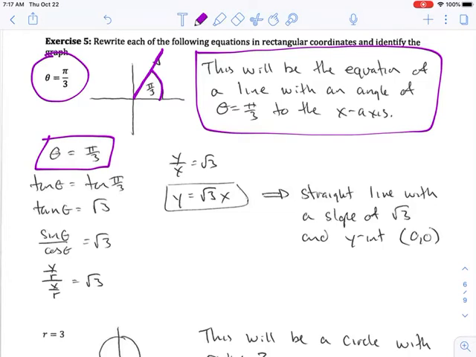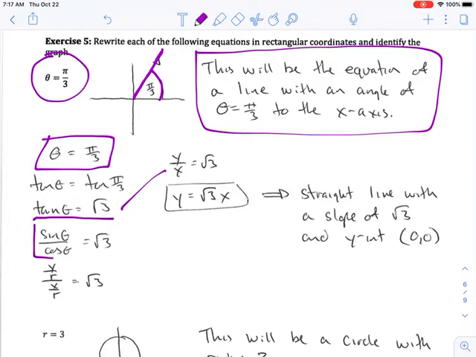We need to try to get this in terms of some of the trigonometric functions so that we can do a substitution. And so starting with the tangent of theta is equal to tangent of pi over 3. We know that the tangent of pi over 3 is radical 3. And so now I'm doing some substitution. I kind of did this the long way. I could have just substituted directly, but I wanted to go through all those steps.